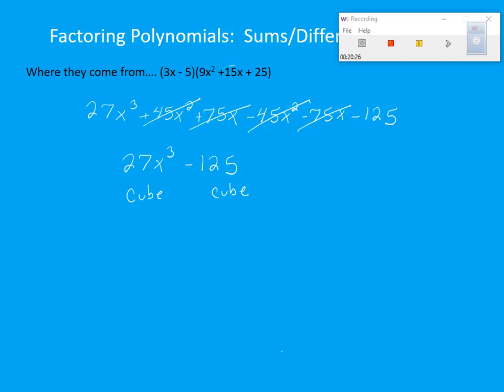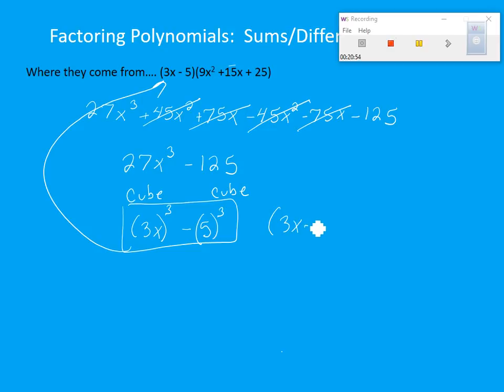Now, to go backwards, I'm going to think of 27x cubed as 3x to the third. I'm going to think of 125 as 5 cubed. Now, compare this to this. We're going backwards now. Notice this binomial is simply that first term, this sign, that term.